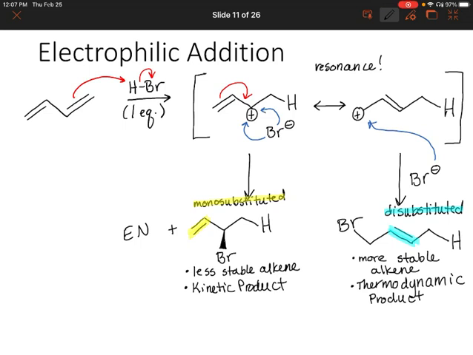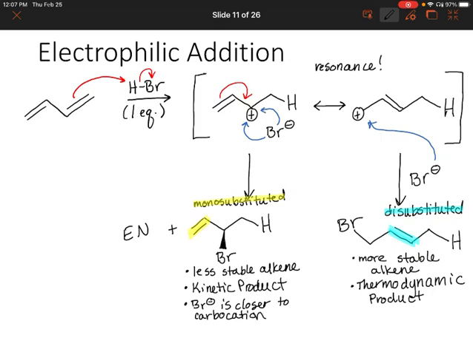So that's the thermodynamic product. We'll go over kinetic versus thermodynamic again on the next slide. I know it's probably been a while since you've even thought about kinetic versus thermodynamic, so we'll go over that again. Again, the first product is the kinetic product because the bromide ion is closer to the carbocation.